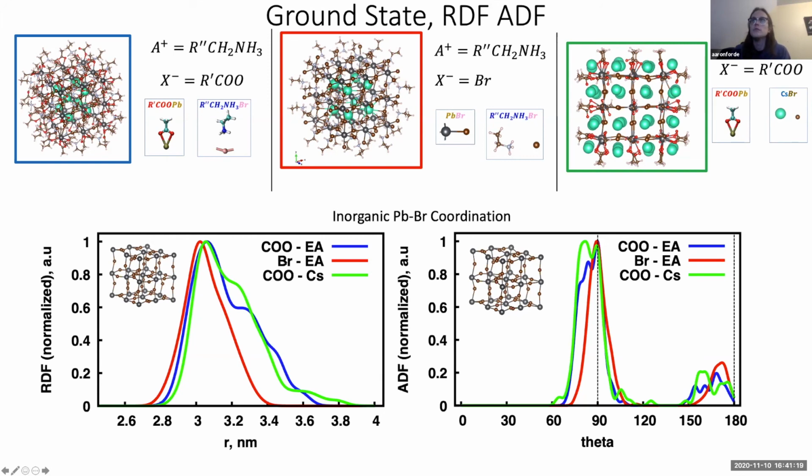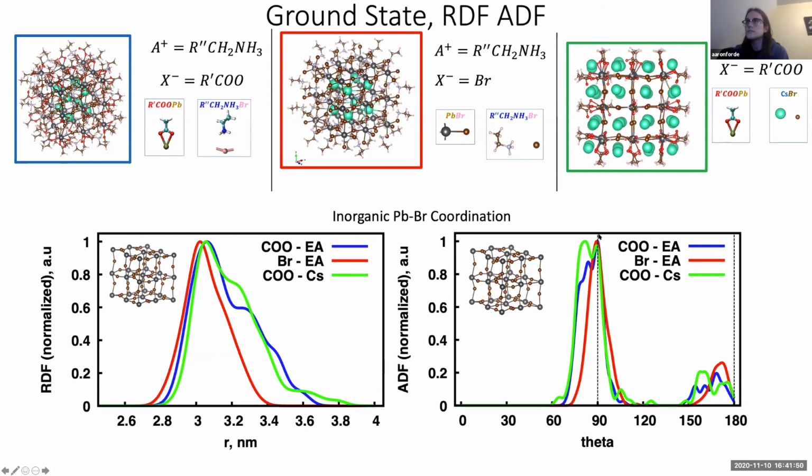Whereas the ammonium bromide model is fairly symmetric. For the radial distribution function, it's fairly centered around one peak at about 3 nanometers. And if you look at the angular distributions, it's fairly centered around 90 degrees.